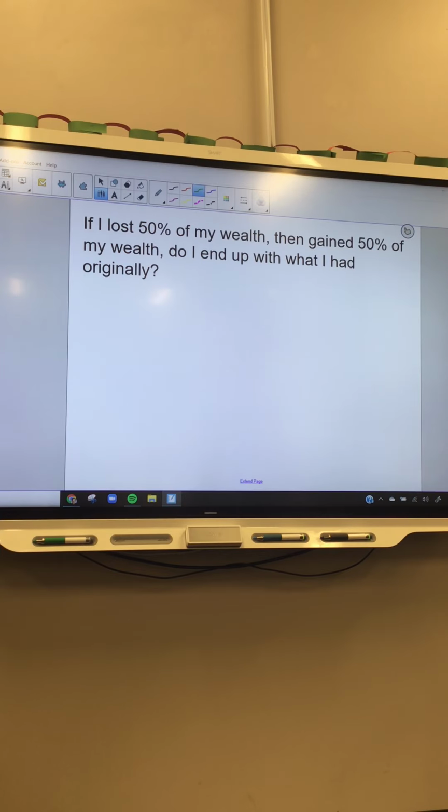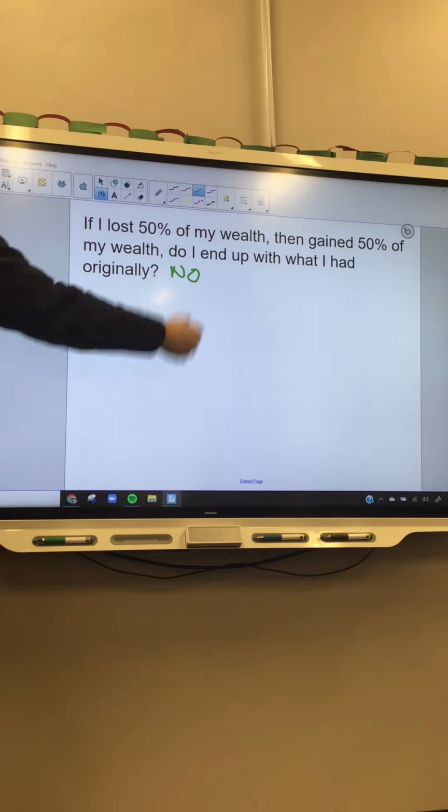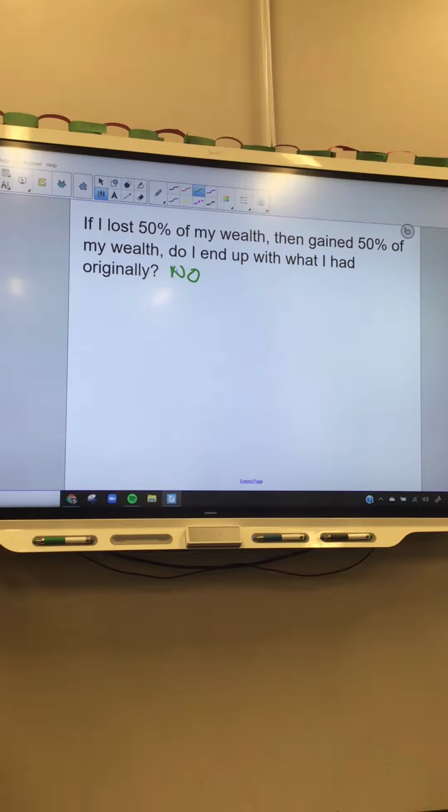If I lost 50% of my wealth and then gained 50% of my wealth, do I end up with what I had originally? 50% decrease, 50% increase. Am I back to normal? Seems logical. No. The answer is no. Explain why. Because when you lose 50%, you have to divide all you have by 2, so it wouldn't add up to the same amount.